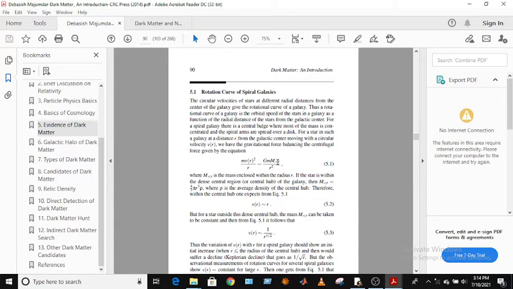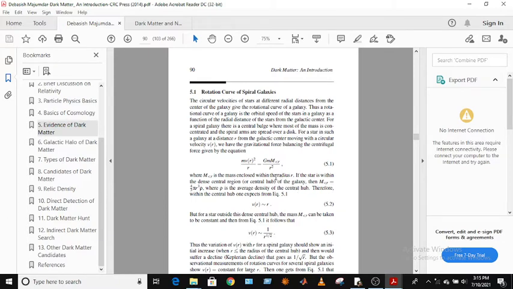Here M(<r) is the mass enclosed within the radius r. If the star is within the dense central region of the galaxy, then M(<r) is equal to 4/3 π r³ ρ, where ρ is the average density of the central hub of the galaxy.